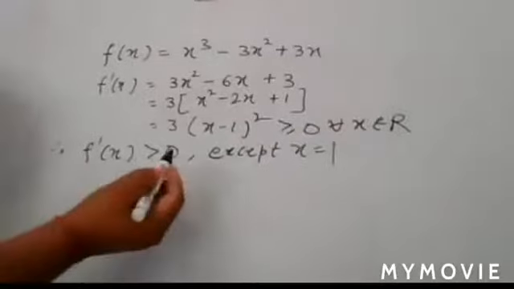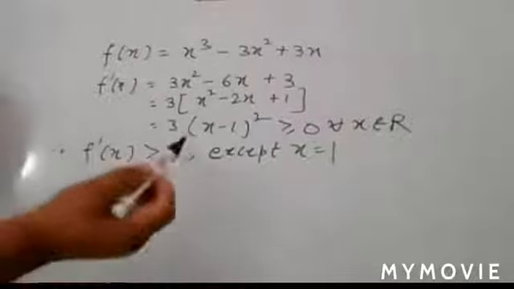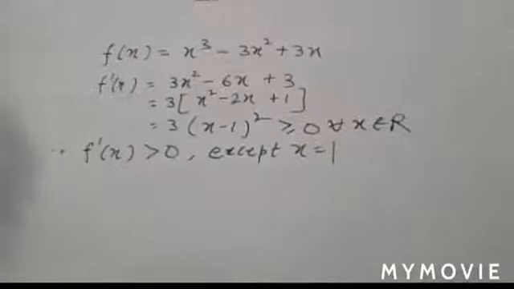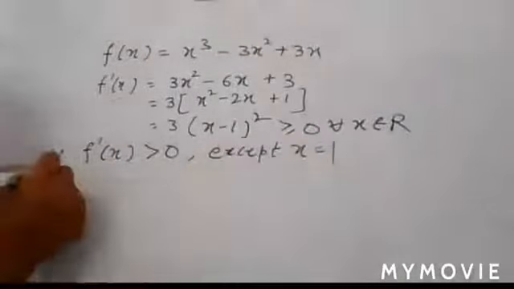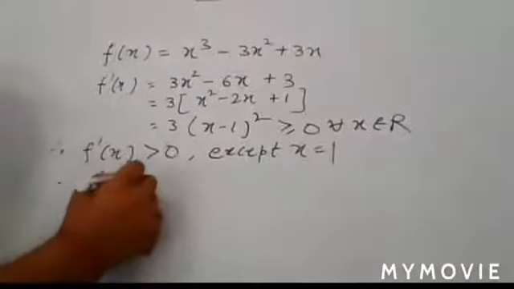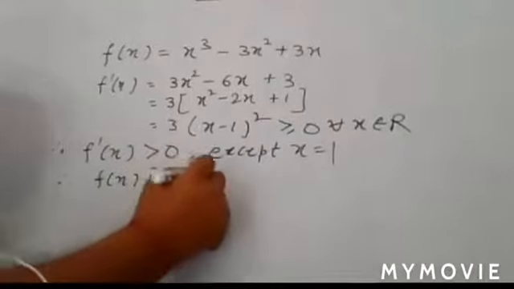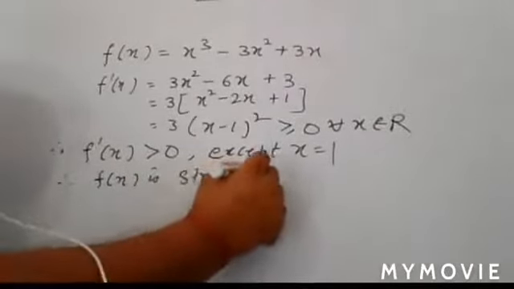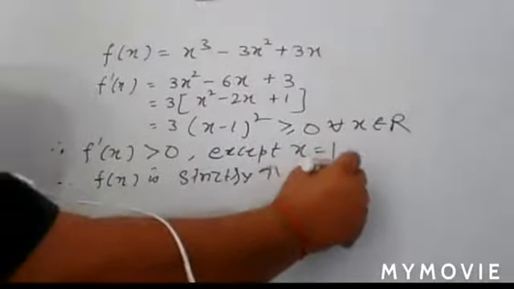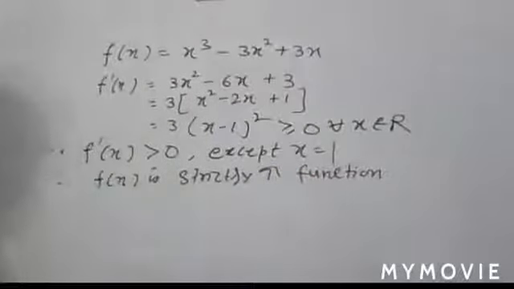Understand? If you put x is equal to 1 here, the value of f dash x becomes 0. So, except at x is equal to 1, it proves your result: f(x) is a strictly increasing function.